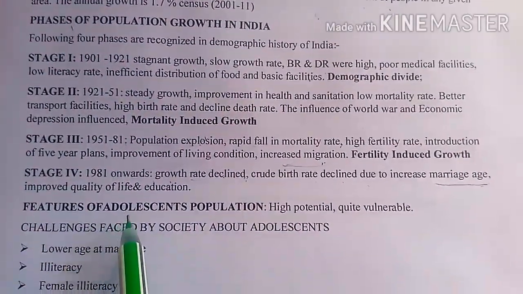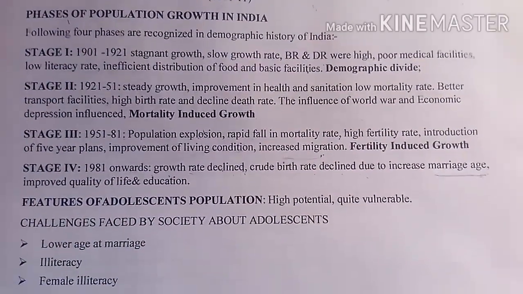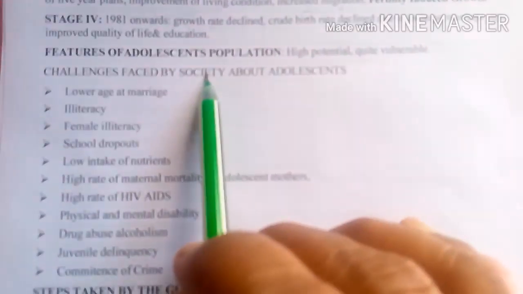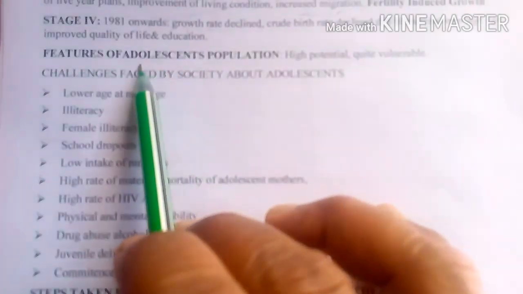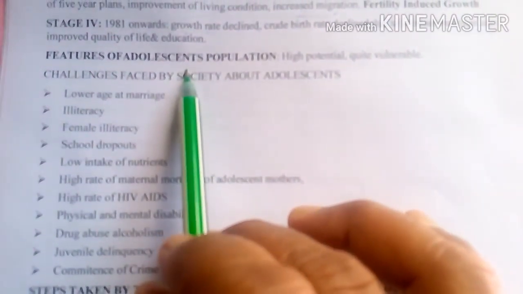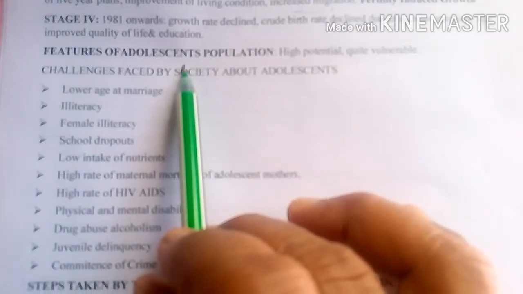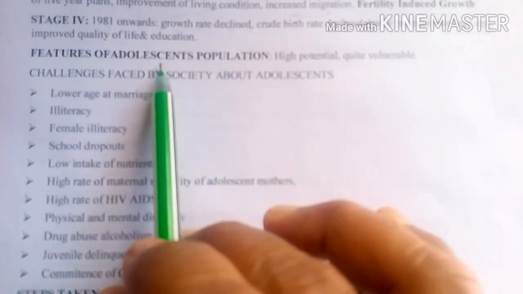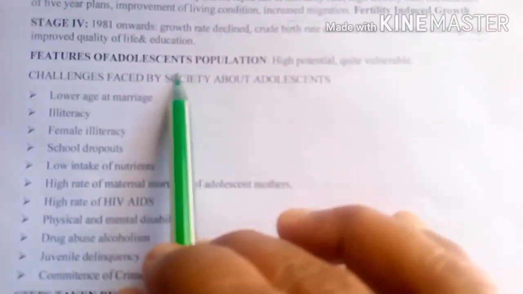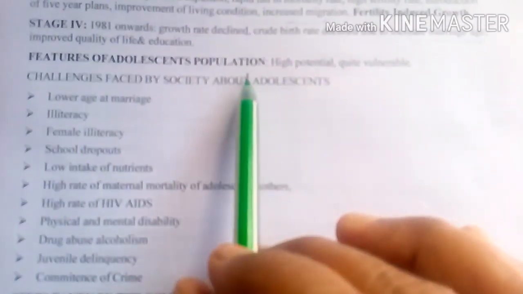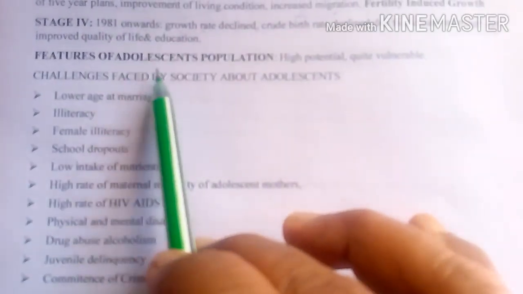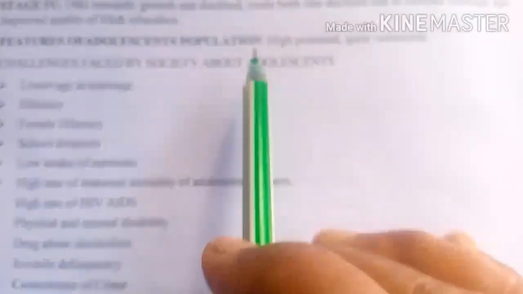The next topic is the features of the adolescent population. Adolescent means, in Hindi, Kishora Avastha, just like you all who are studying in class 9th, 10th, 11th, 12th and graduation level. You are adolescent people.